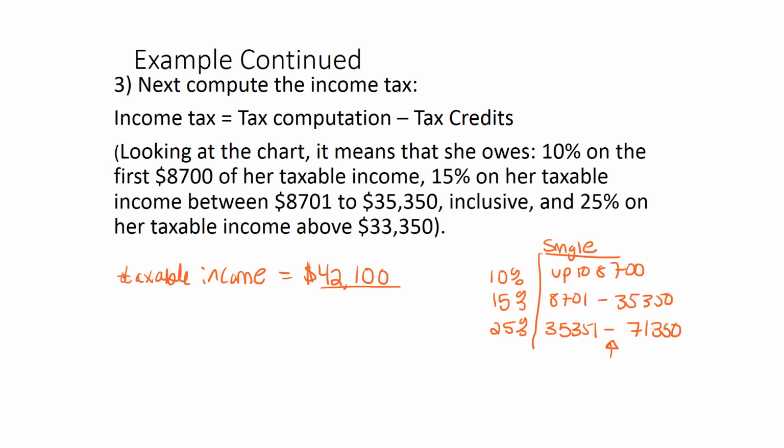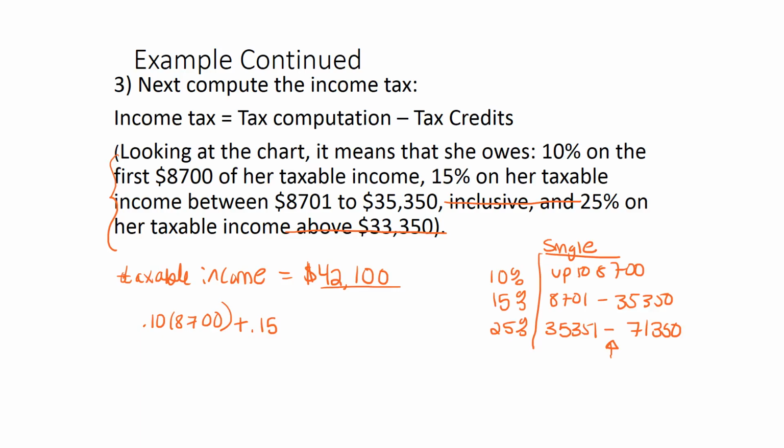It tells you exactly what to do. We want 10% of the first 8,700, and then 15% of the taxable income between 8,701 and 35,350. So what we need to do is figure out what that difference is.